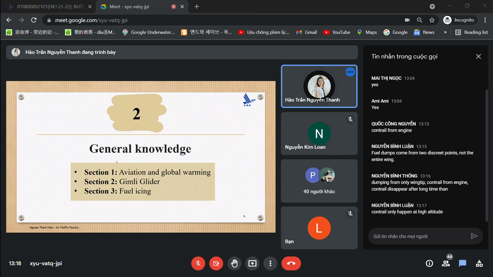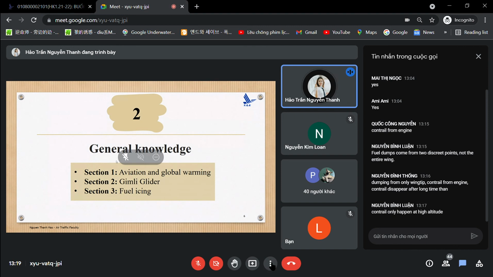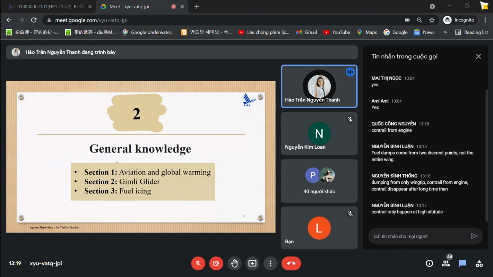Section two is the Gimli Glider, an incident due to running out of fuel, and I will explain more when we move on to this section. Section three is about fuel icing, which we might study in the next lesson, next week.